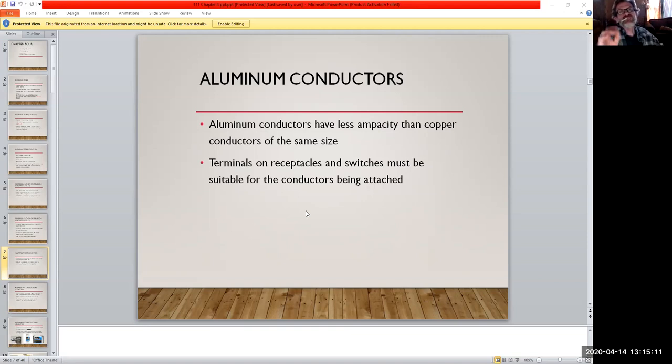They do have some out there that are rated for both, that can handle aluminum or copper, and I'm not a big fan of these. But if I were to do it, as a rule of thumb, aluminum rated devices with aluminum conductors and vice versa. Same with copper. You want to keep like with like, no mixing and no matching.